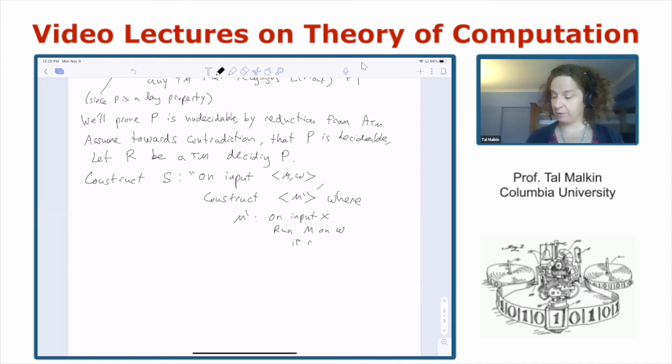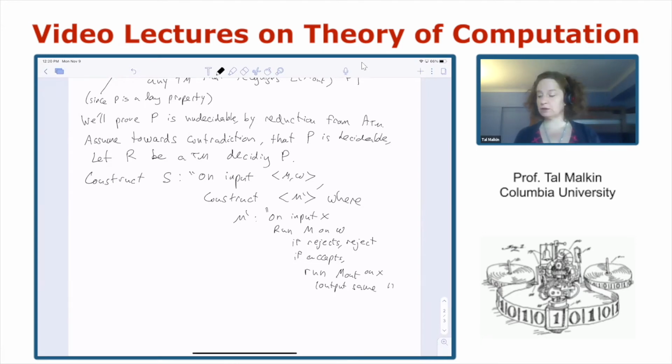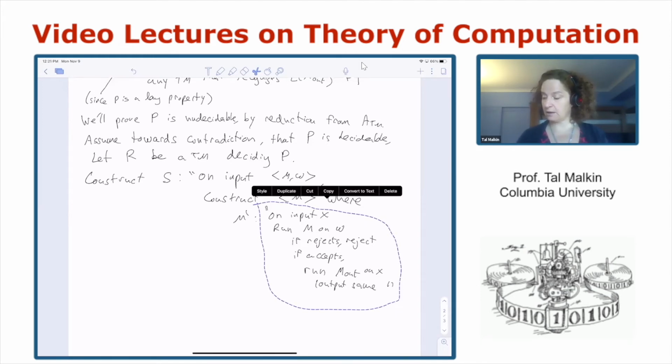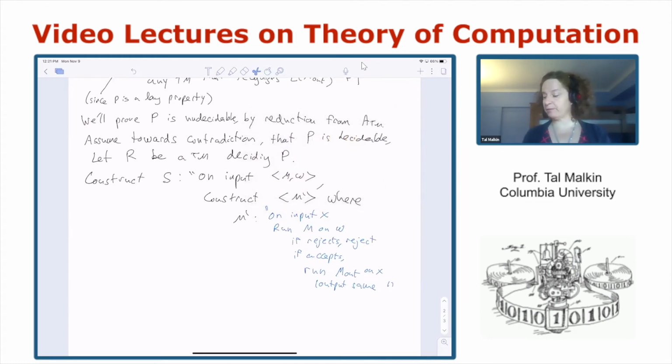If M rejects W, I reject X. But if M accepts W, I will run M out on X and output the same. Okay, so this is my description of M prime.